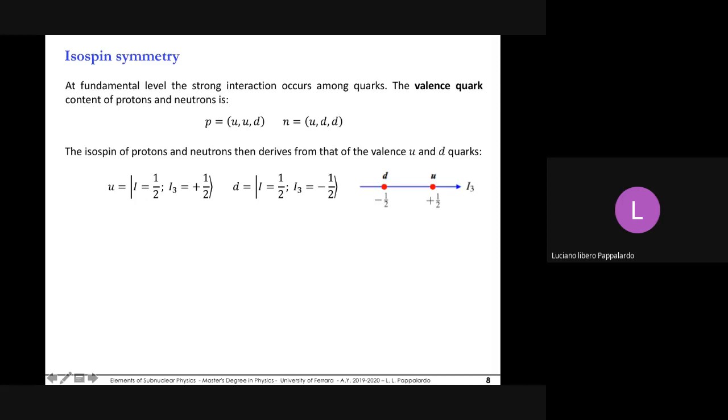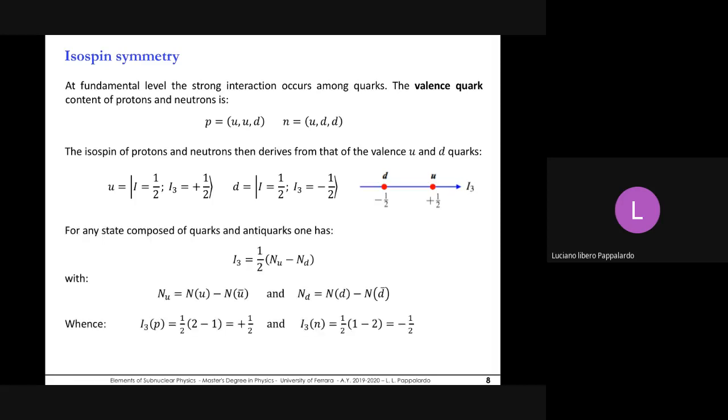The up and down quarks both come with isospin 1/2, and then they are distinguished by the third component, which is +1/2 for the up quark and -1/2 for the down quark. So you have a specular system, okay? So you can also represent in this axis the third component of isospin. You get -1/2 for the down quark and +1/2 for the up quark.